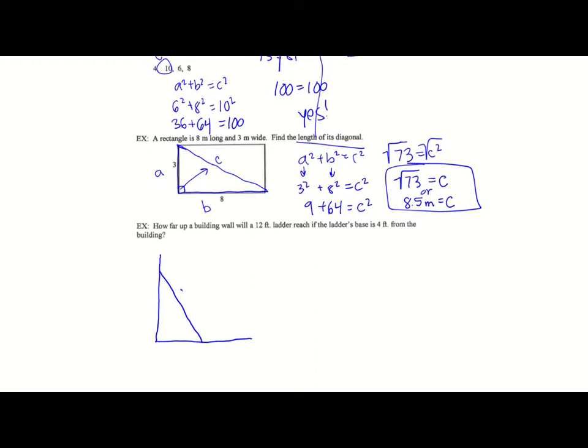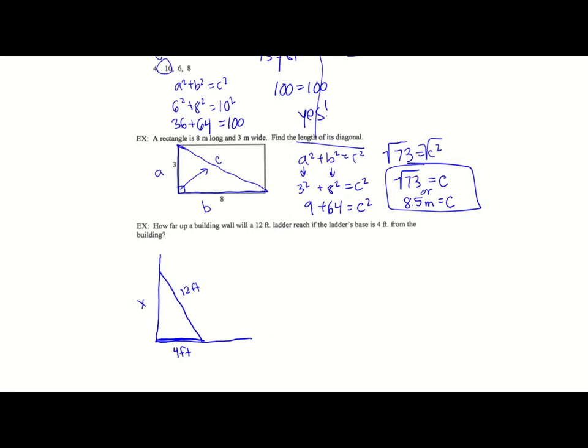Our ladder is 12 feet long. We want to know how far up that wall the ladder will reach if the base, the bottom, is 4 feet from the building. So we're trying to find this, our x.